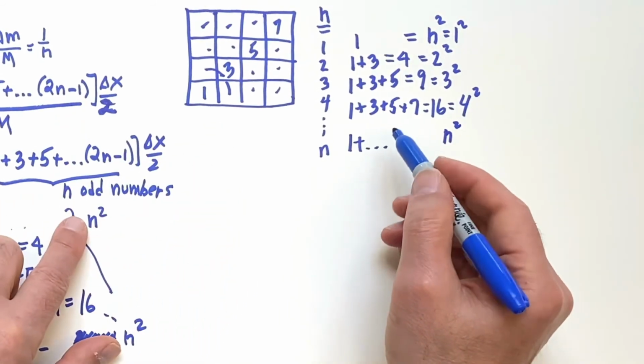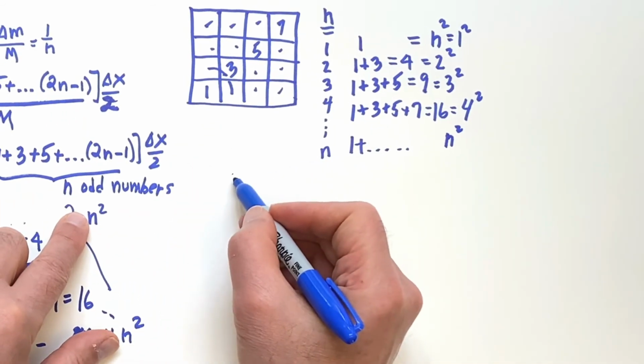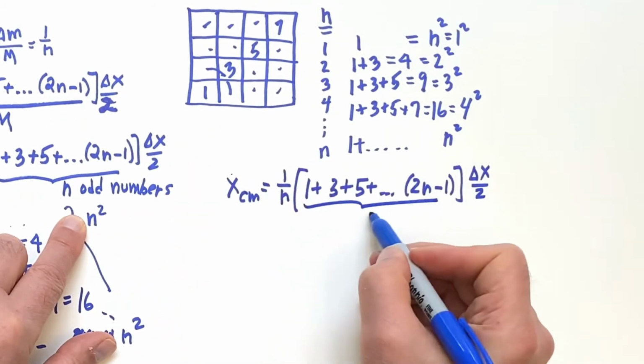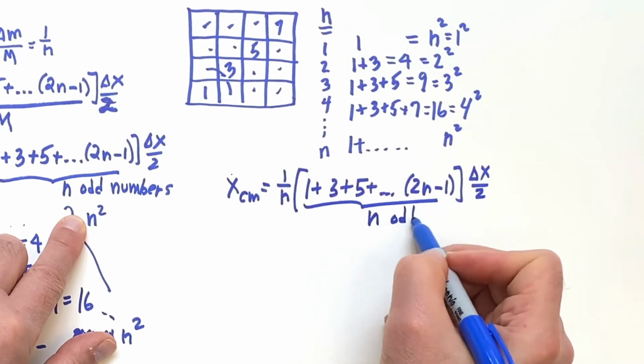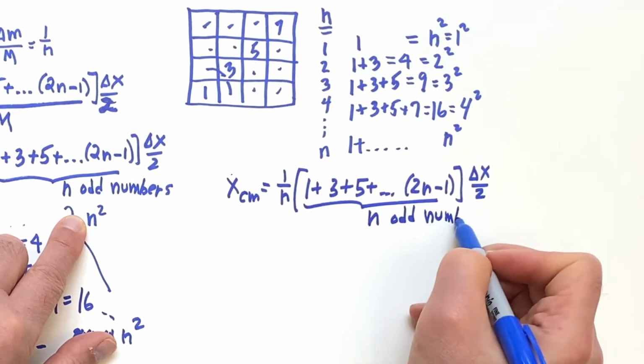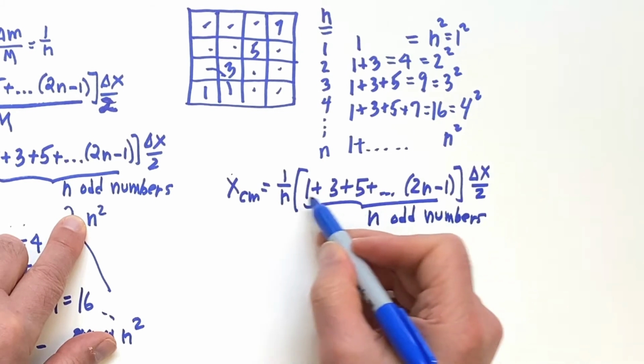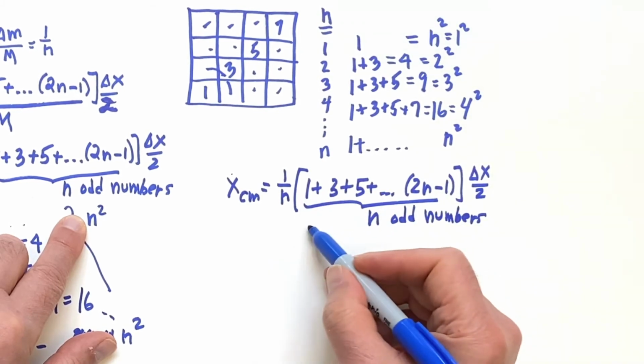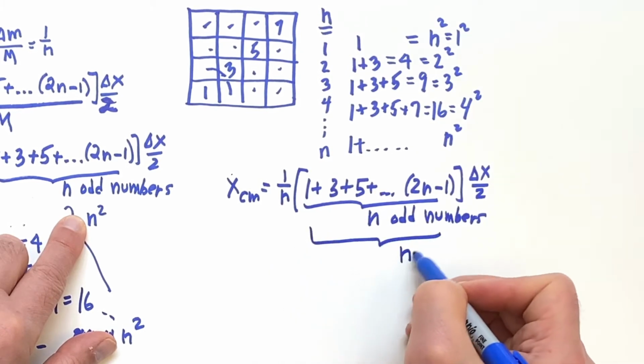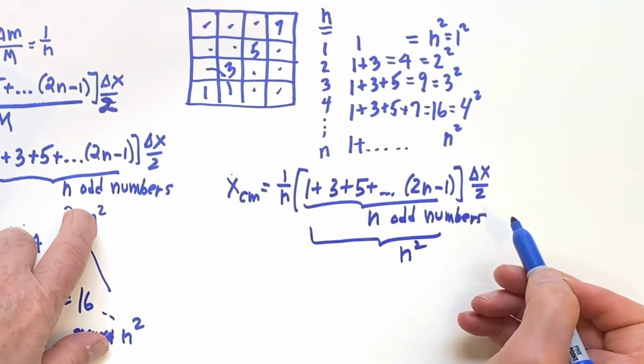So looking at that, here we have n odd numbers. So we add those up, that's going to be n squared.